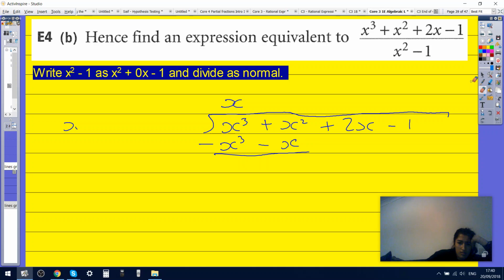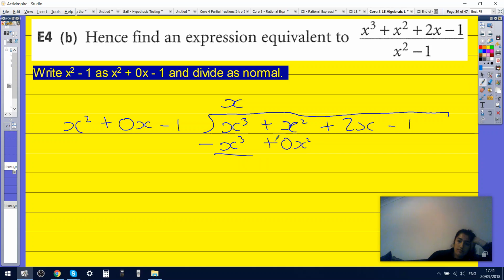What would you get for the middle bit? 0x times x is... x times x, x squared. And so we can write it as 0x squared. It's just to fill in the blank space.